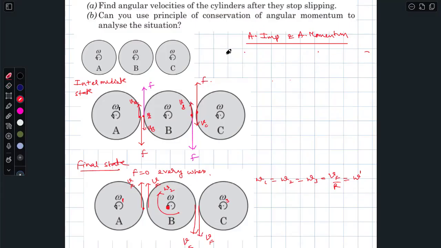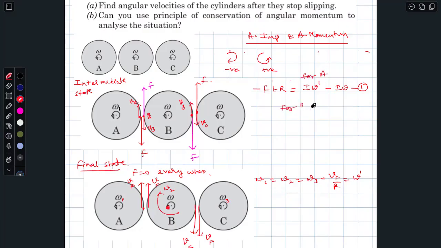We will take clockwise negative, anti-clockwise positive. So the first impulse is clockwise. Correct? Minus FTR is I omega dash minus I omega. Equation 1. Agreed? Agreed for A.